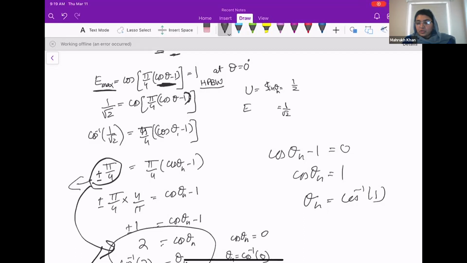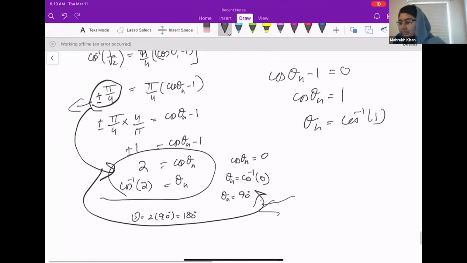You do not want to have a half power beam width that is outside the range that you are supposed to give. Whatever you find should be in the range. If you are given 0 to pi and 0 to pi/2 and your half power beam width comes out of that, that doesn't make sense. So you should be within the range.